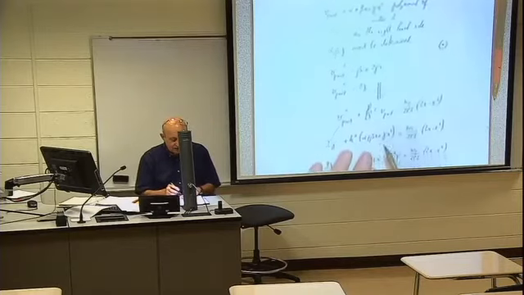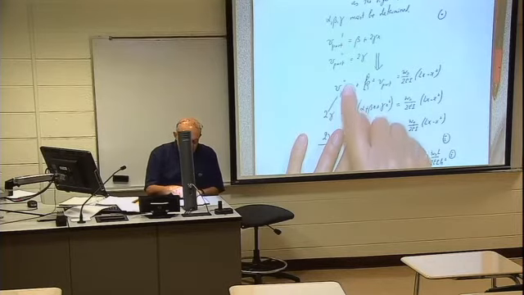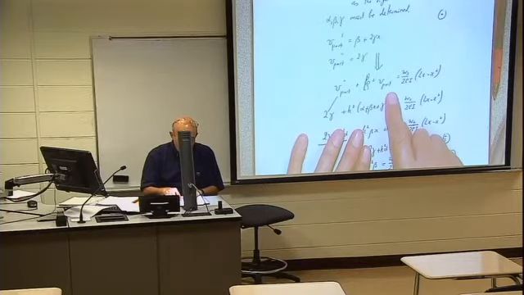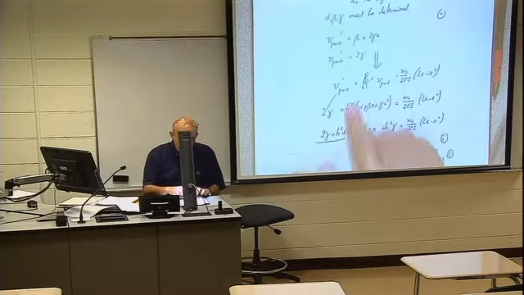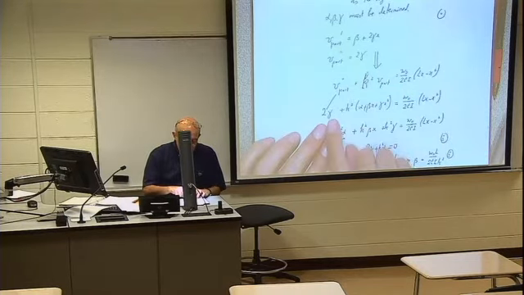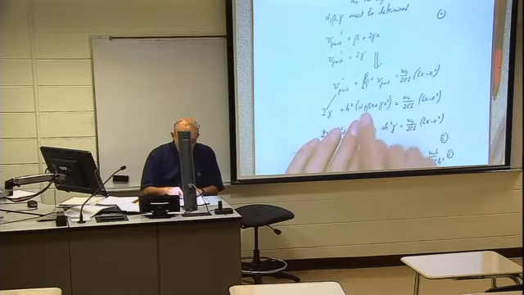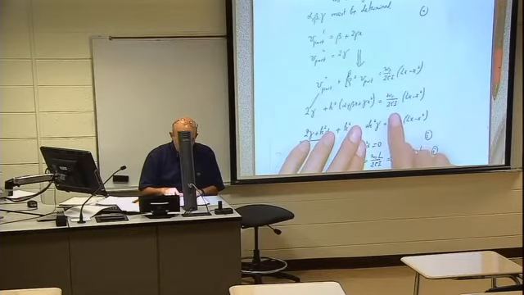So V particular double dot plus k squared V particular equals W0 over EI times Lx minus x squared. The second derivative equals 2 gamma, plus k squared times alpha plus beta x plus gamma x squared.